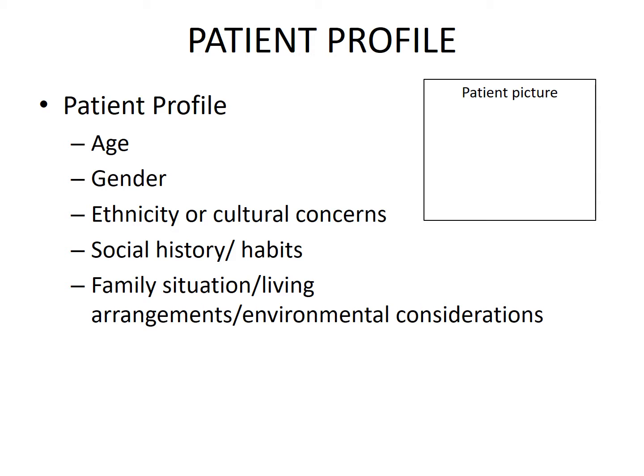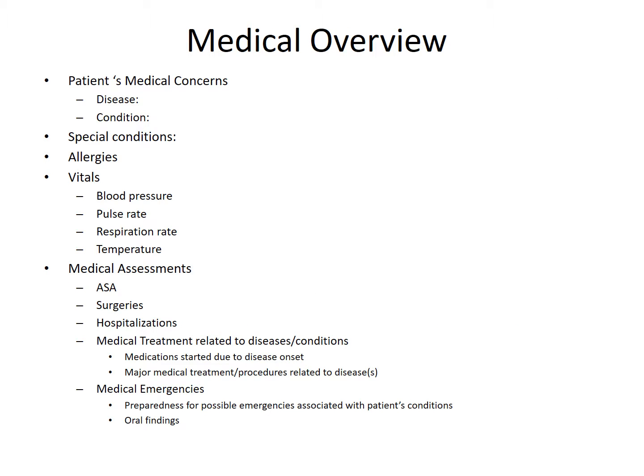In an attempt to create a realistic situation, provide an image of your patient with the following information: their age, gender, ethnicity and cultural concerns, social habits, family living situation, and any other information you would find interesting to your case study. You will also create a medical overview and identify the disease and condition you have selected.